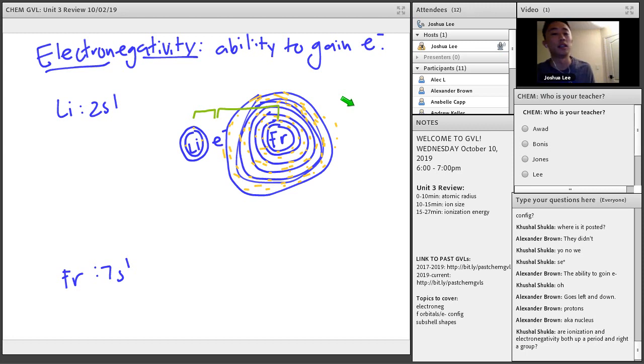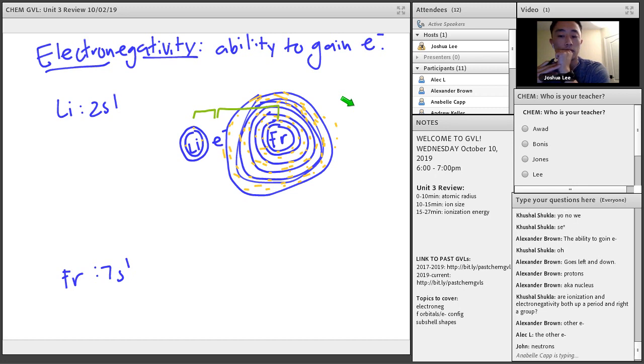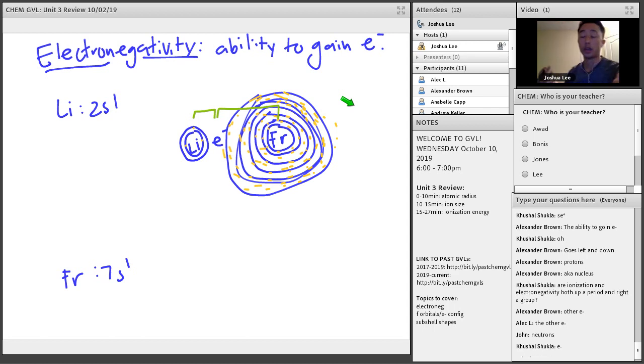And another thing is, what's in the way of francium's nucleus trying to attract one more electron? What's getting in the way of the protons in the center of francium with that electron that's trying to attract? Yeah, the other electrons are all in the way, so they're shielding and blocking off the proton's attempt to attract that electron.